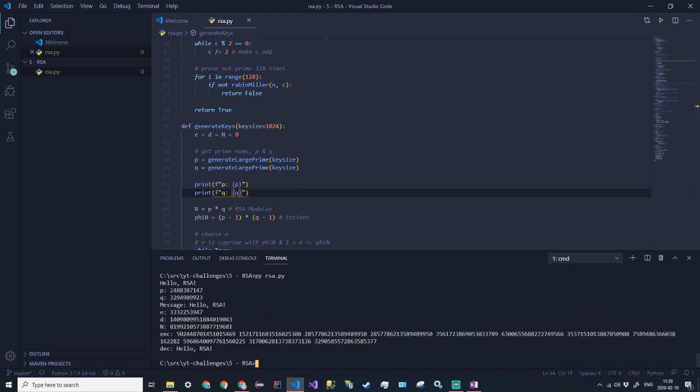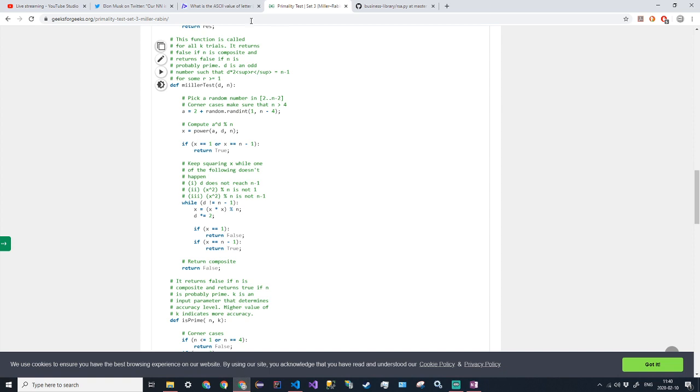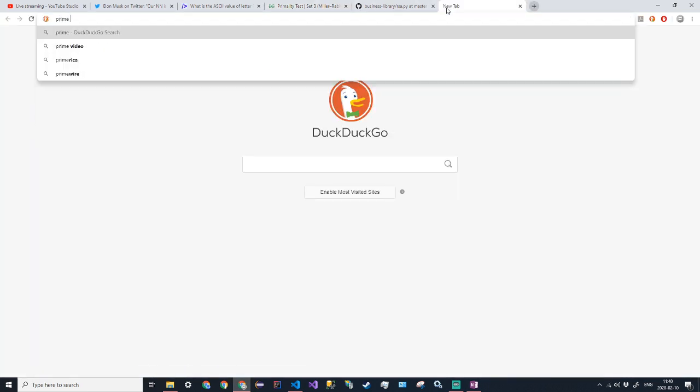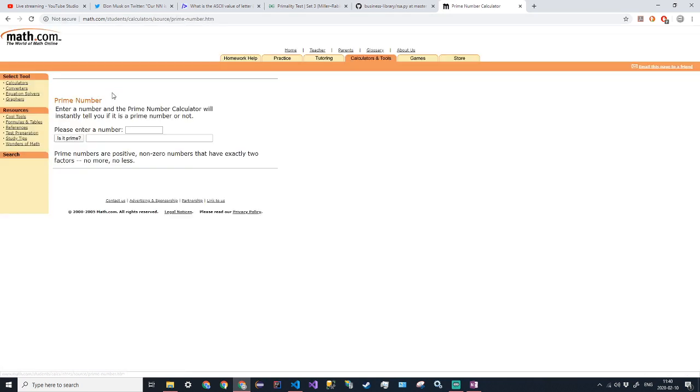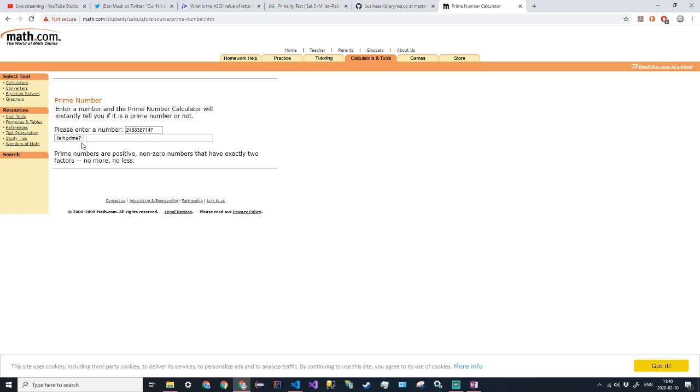Alright, so p is equal to this number, and let's get into a prime number tester. Is this number prime? I think I definitely broke the website. That's a big number. That might be bigger than the largest integer it accepts.